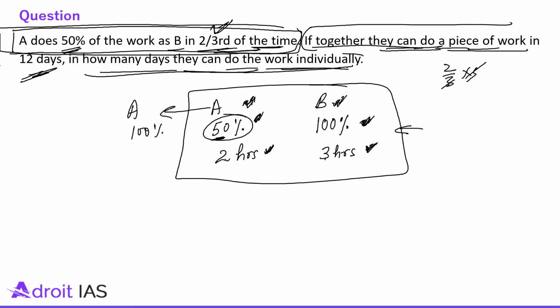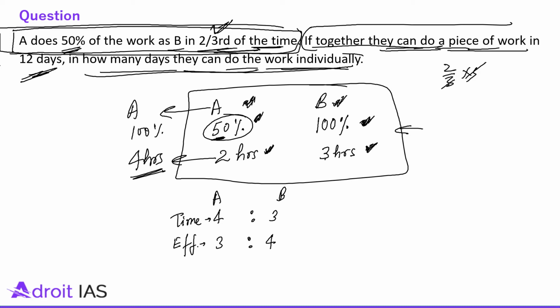So this is 2 hours, so obviously this will be 4 hours, right? So A and B are taking time in the ratio 4:3. So obviously the efficiencies of A and B will be in the ratio 3:4, right?